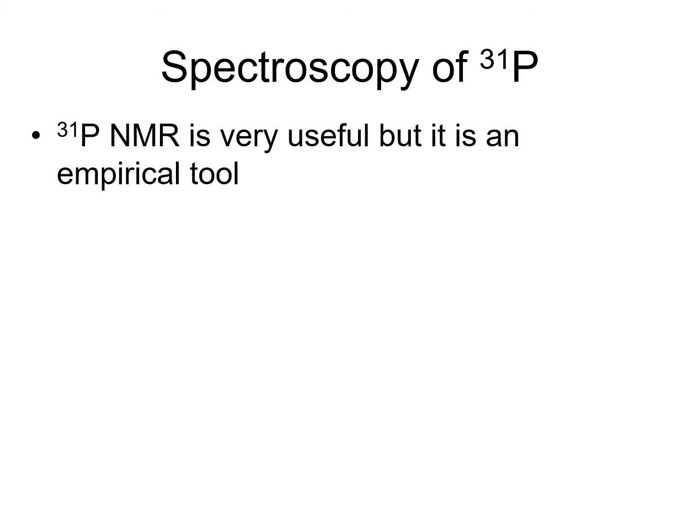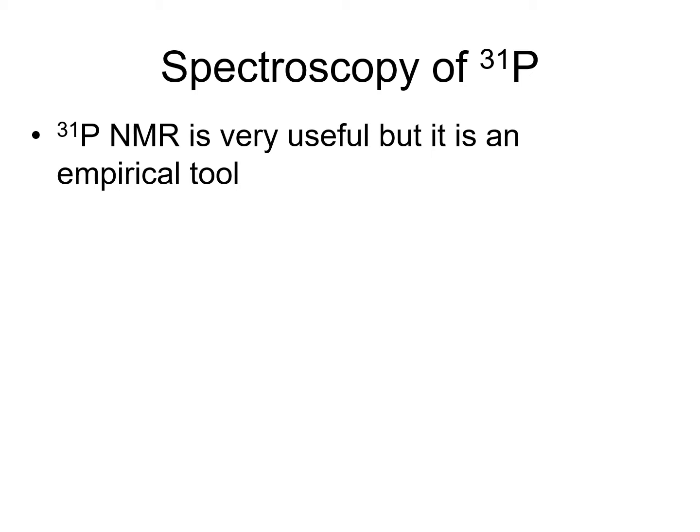Another great advantage with phosphorus ligands is the fact that 31P is an NMR active nucleus, and so it can be used for recording NMR spectroscopy of the organometallic compound. And because organometallic compounds are mostly diamagnetic, the use of NMR is extremely valuable.